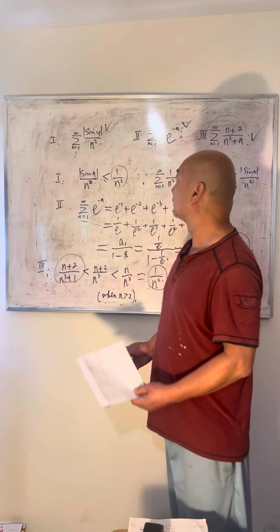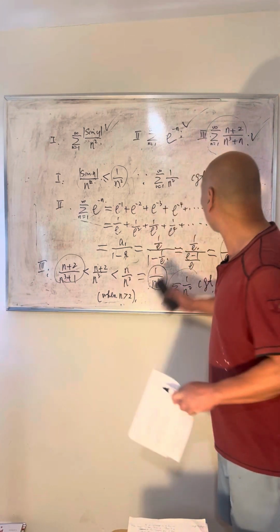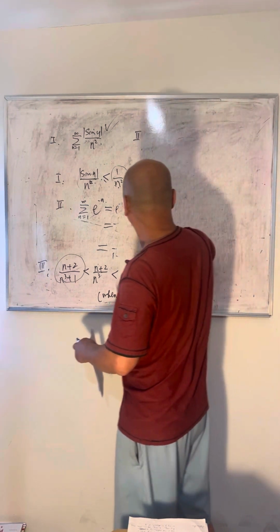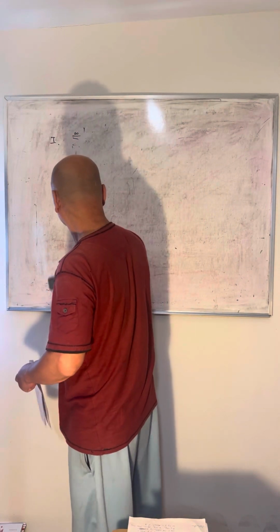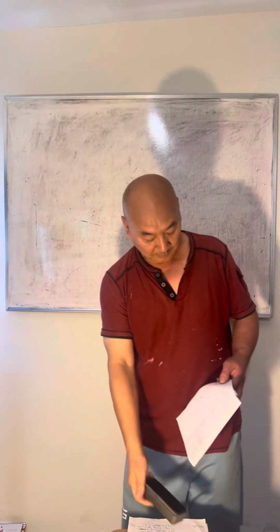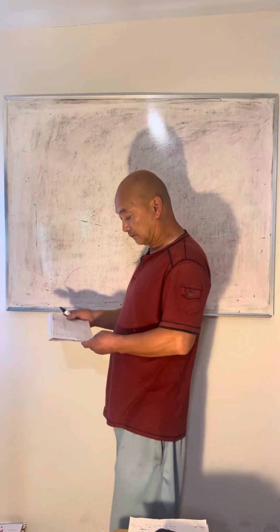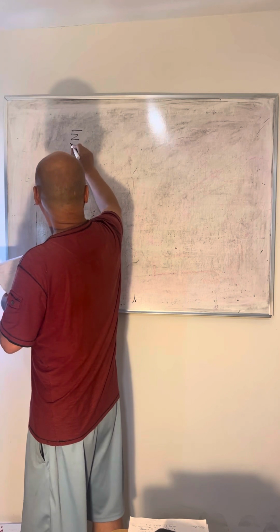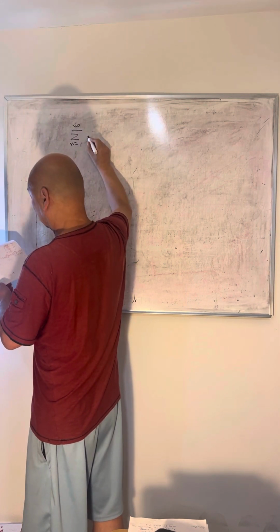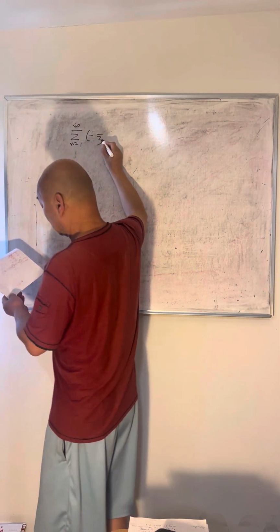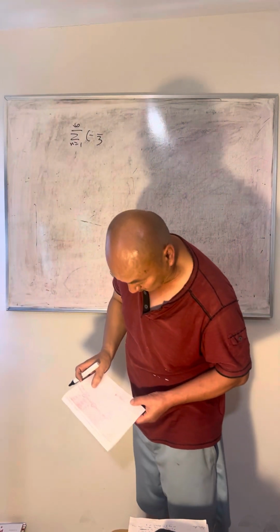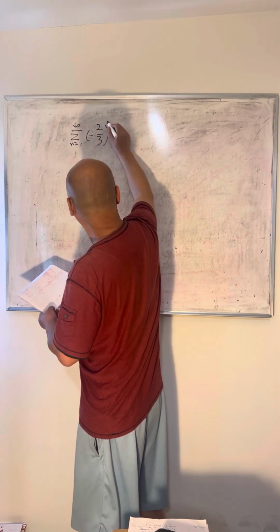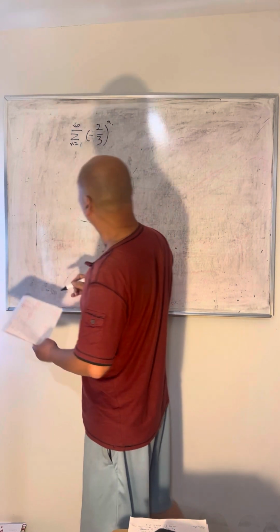So next question. Let's see the term negative 2 over 3 to the n. Is it convergent or divergent?